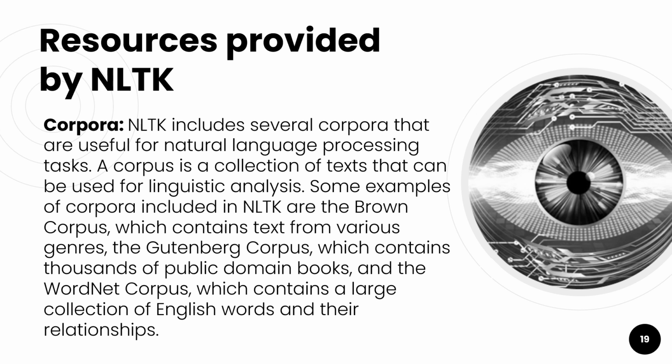The Brown corpus contains text from various genres, the Gutenberg corpus contains thousands of public domain books, and the WordNet corpus contains a large collection of English words and their relationships. These are the main resources of NLTK.